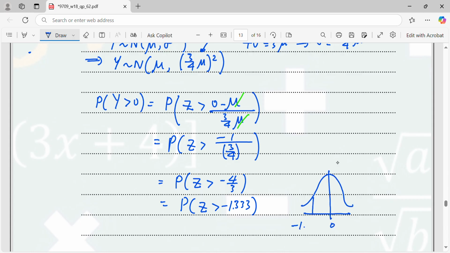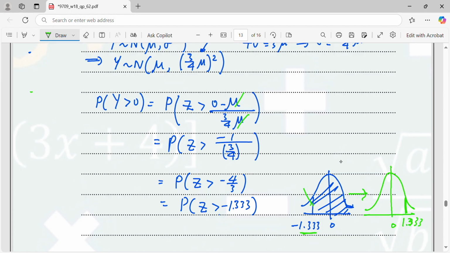Okay, so now I sketch a graph. Negative 1.333. Since it is greater than, it means towards the right side. This is the region that you need to calculate. Now, since the value is negative, I flip the region. When I flip this blue line, it will be positive 1.333.